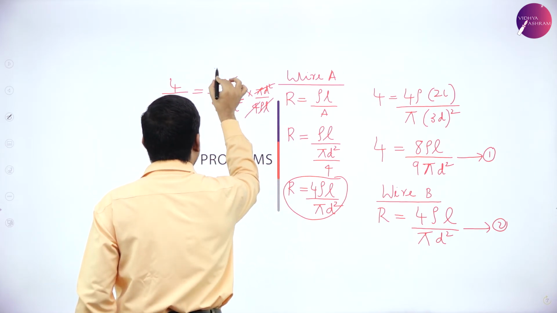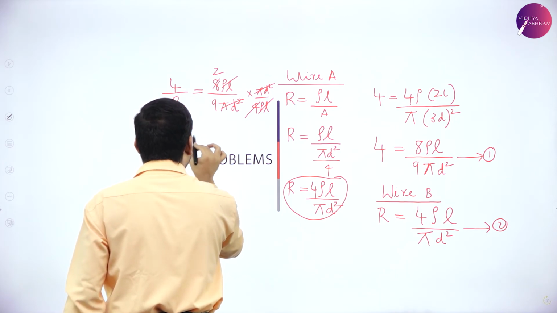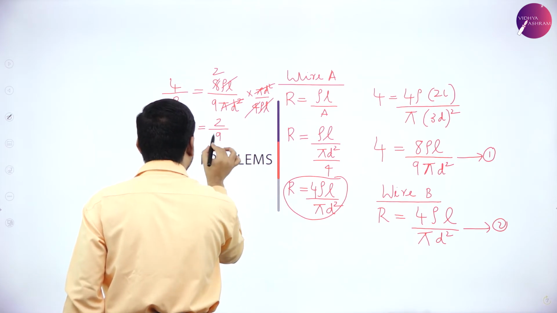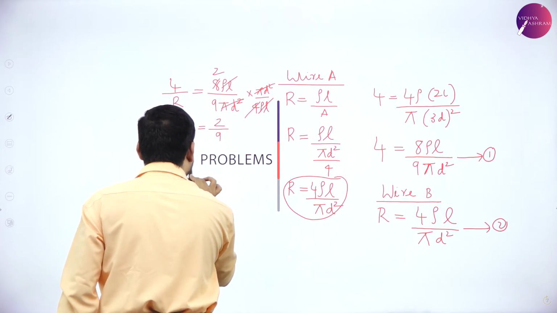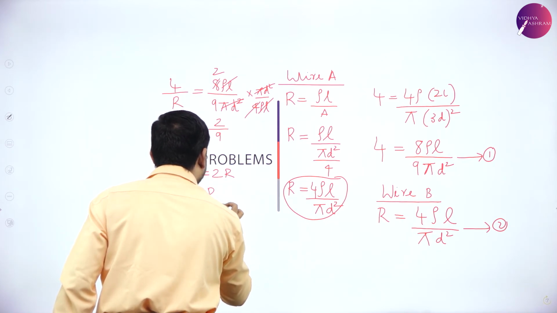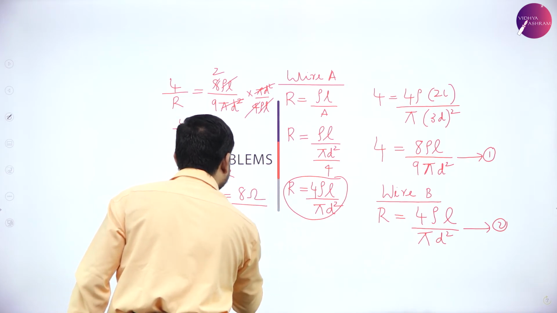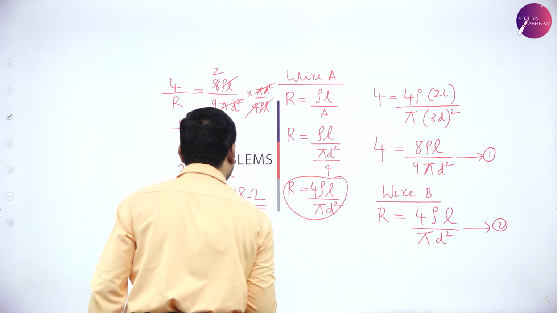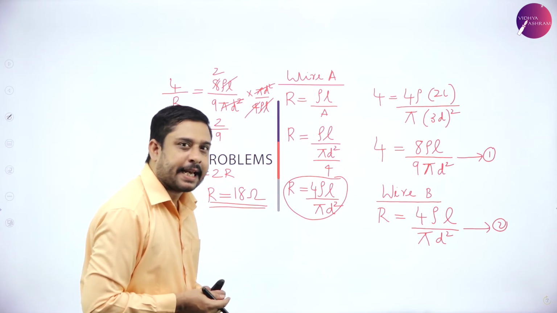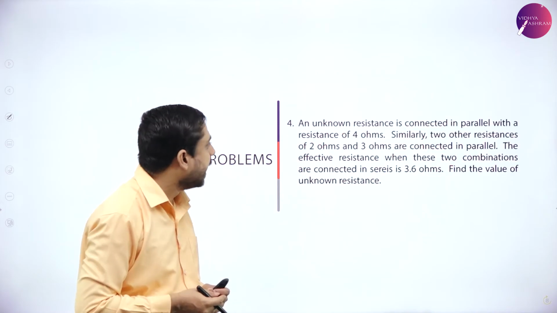This goes twice. So 4 by R is 2 by 9. So 36 equals 2R, or R equals 18 ohms. So this is the resistance of the wire B. Next one.